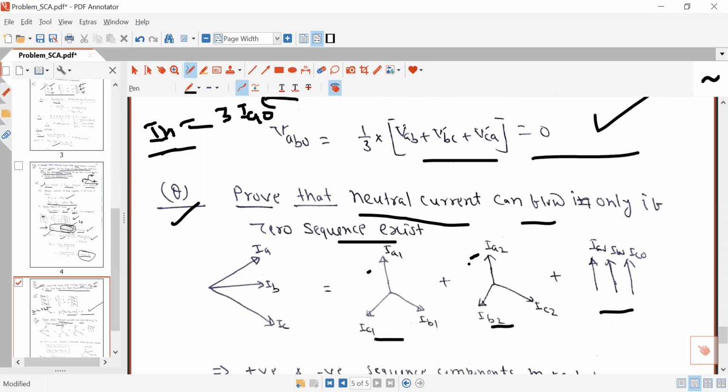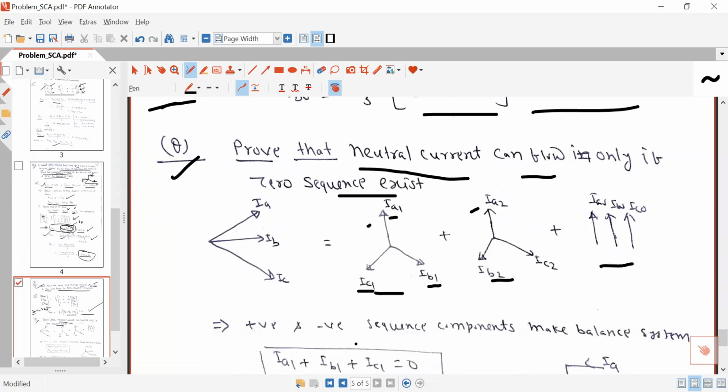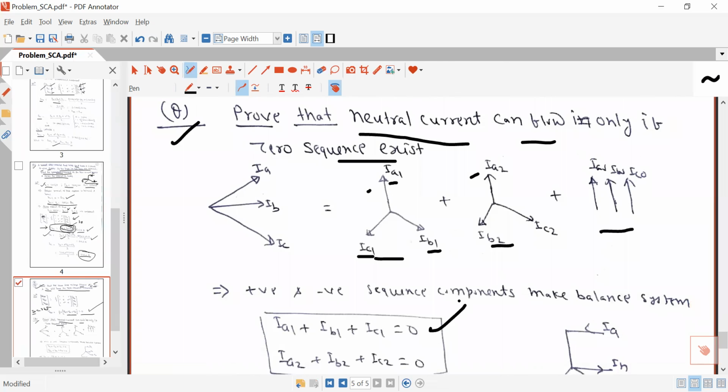But positive sequence and negative sequence make a balanced system. IA1, IB1, IC1 will make a balanced system. When you add these three phasors, if it is balanced, then the sum will be 0. And neutral current is the sum of the phase currents. So for positive sequence, IA1 plus IB1 plus IC1 will be equal to 0 because it is balanced.